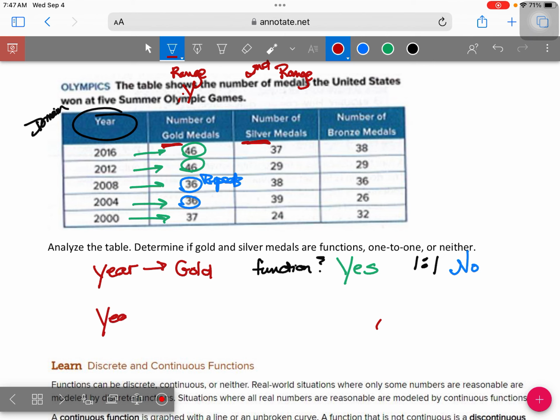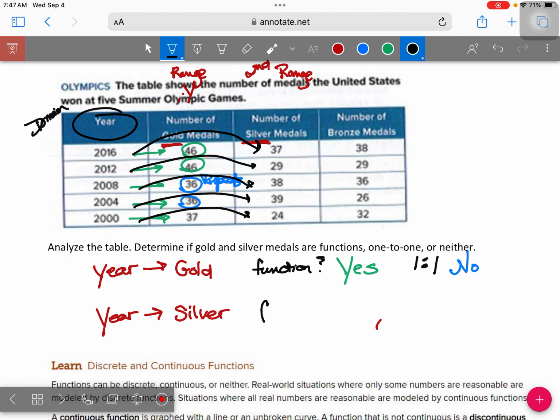Then we have year going to silver. So we need to look here, from here to here, from here to here, here to here, here to here, here to here. Is that a function?